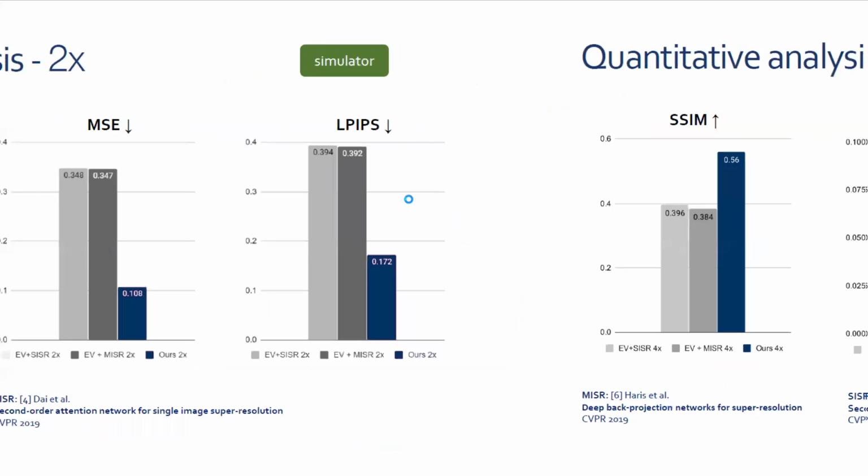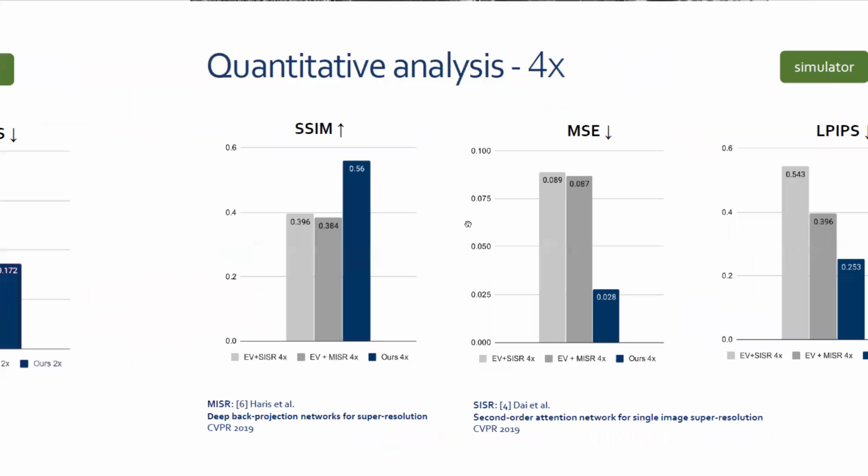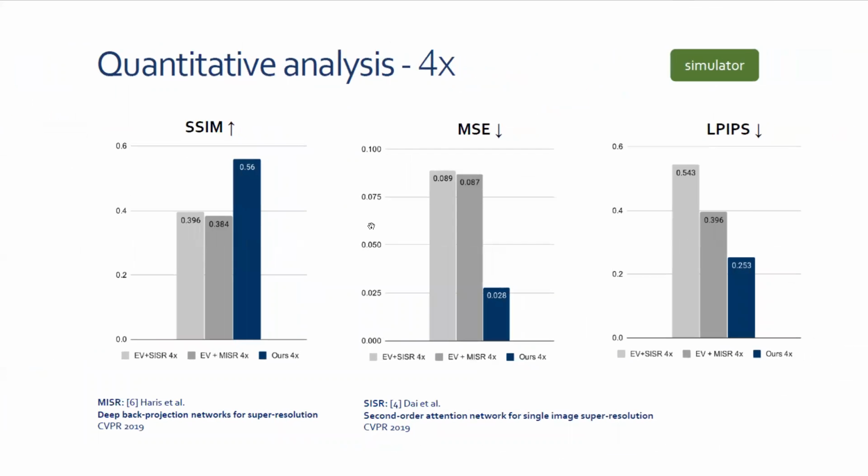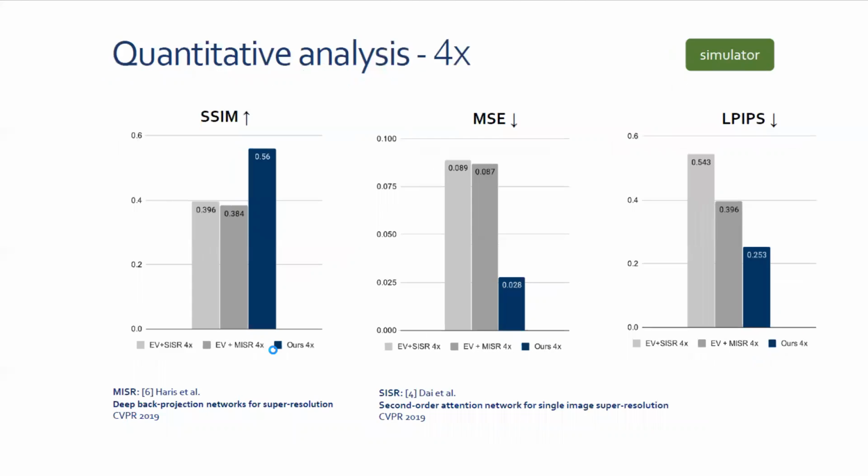Furthermore, we compare our results to EV combined with two recent single image super resolution and multiple image super resolution methods so that their size will also be super resolved. We do it on the 4 times super resolving setting, and we show that our method has better quality outputs.